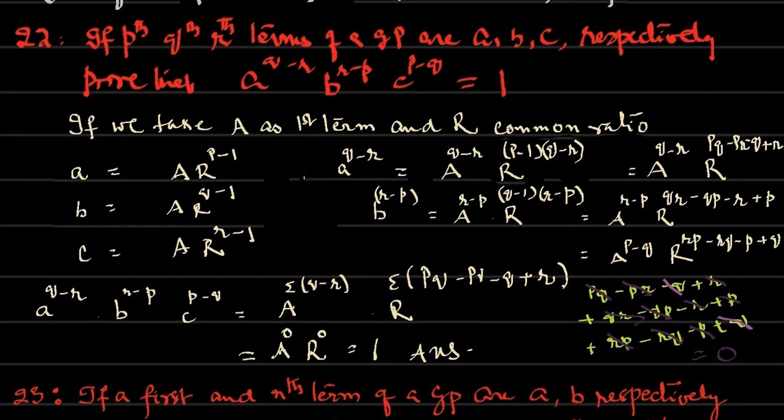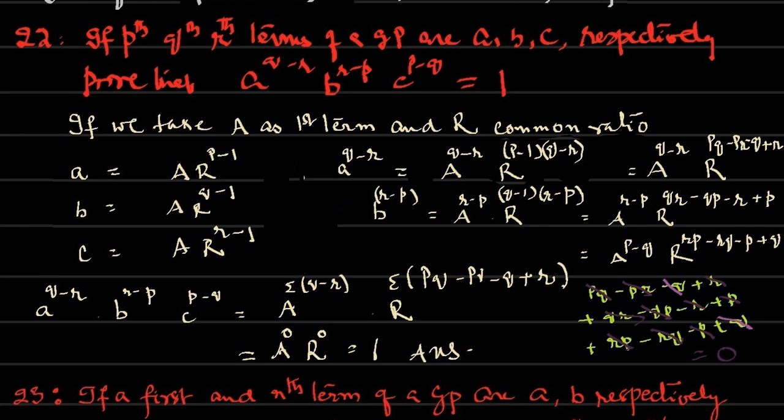So 22nd problem. If the pth, qth and rth terms are in GP and they are a, b, c respectively, prove that a to the power of q minus r times b to the power of r minus p times c to the power of p minus q is 1.